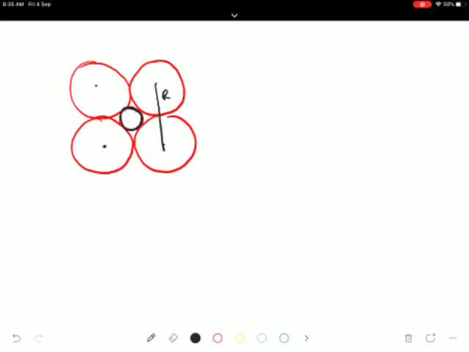This is R from here to here, and this is again R, that is the radius of the anion or that bigger atom. Now, you can consider the center of this black sphere.